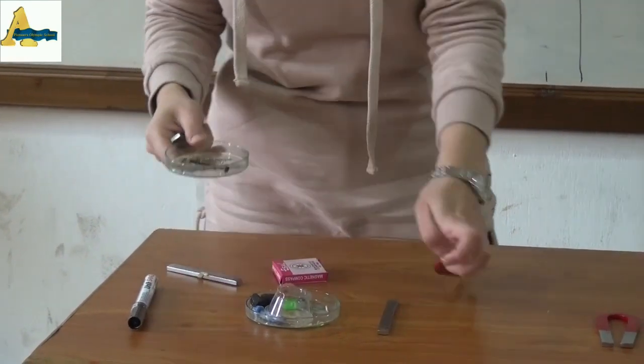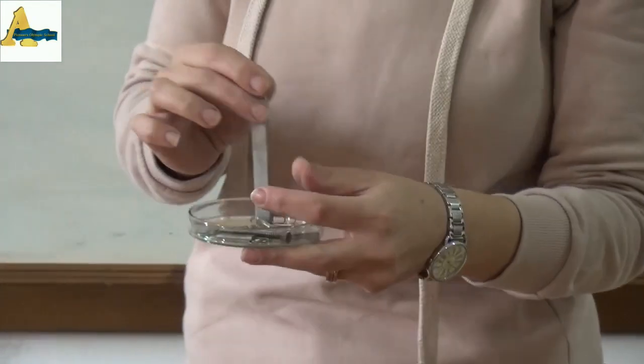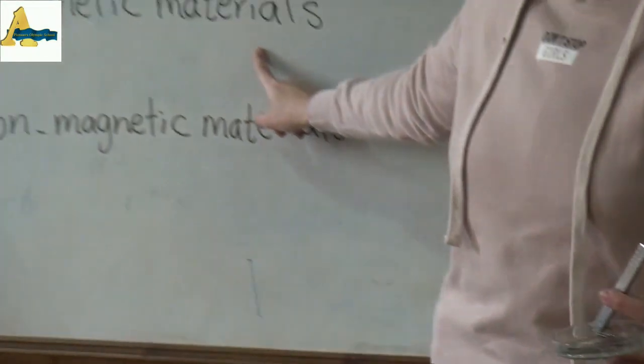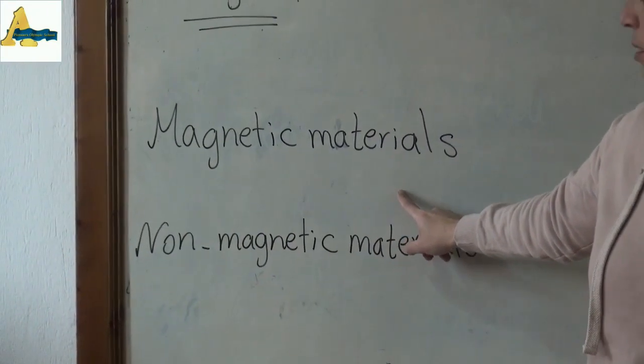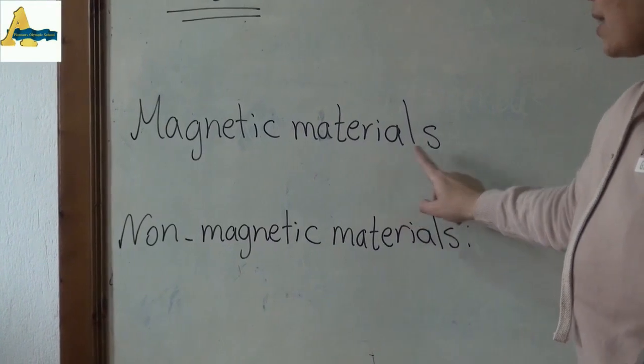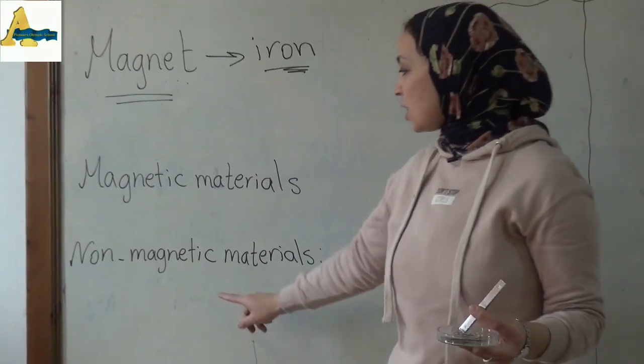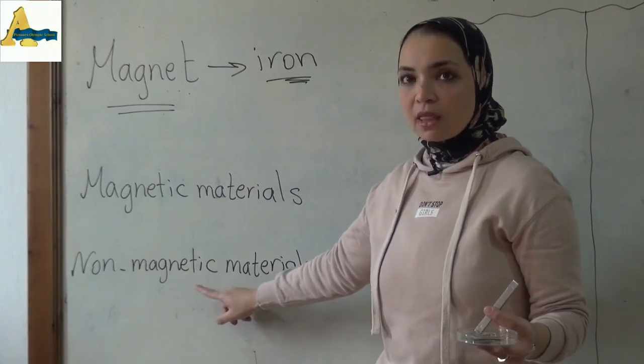The materials which attract to the magnet are called magnetic materials.